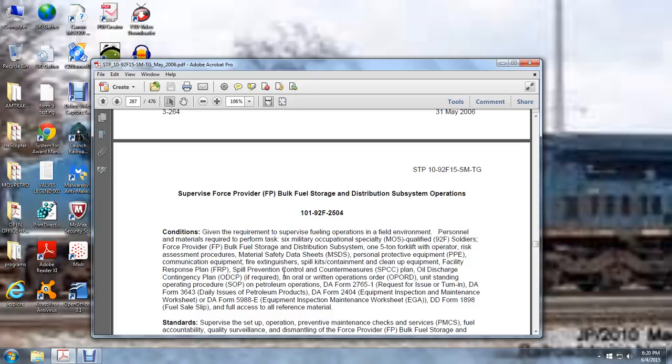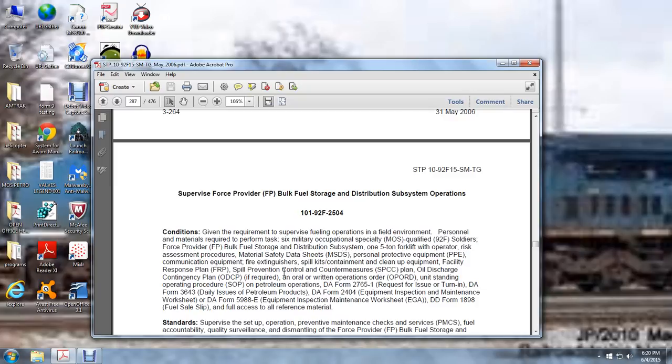Given the requirement to supervise the following fueling operations in a field environment, personnel and materials required to perform the task are six military occupational specialty qualified soldiers in the force provider bulk fuel storage distribution system, a 1.5-ton forklift with operator, risk assessment procedures, material safety data sheets, personal protective equipment, communication equipment, fire extinguisher, spill containment, cleanup and material equipment, facility response plan, spill prevention control and countermeasures, oil discharge contingency plan, and oral or written authorization order, unit standing authorization procedures on petroleum operations.